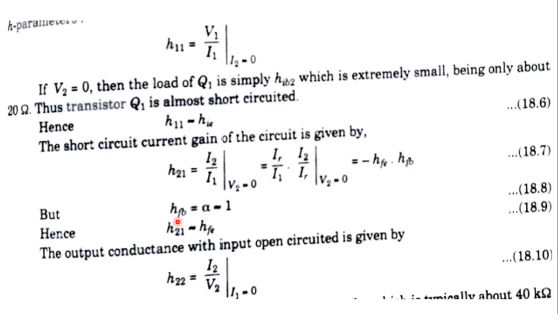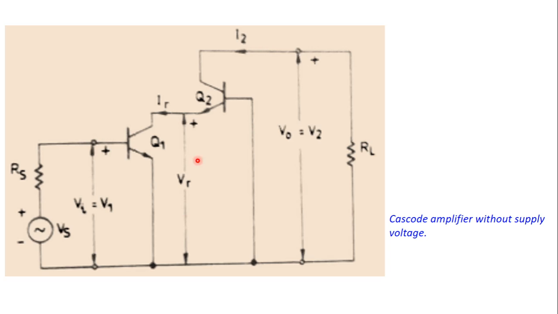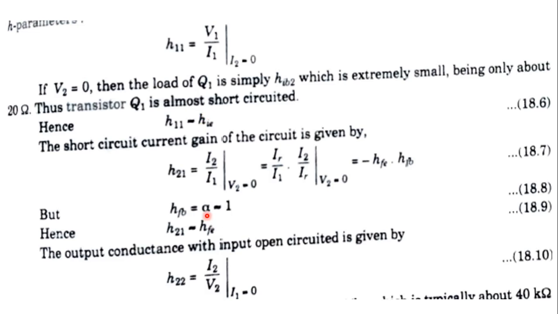HFB, the forward current gain for common base. Remember, this is a common base configuration, and the forward current gain for this is I2 by IR. What is I2? I2 is collector current. What is IR? IR is emitter current, and we know that collector current by emitter current is a parameter alpha, and the value of these two currents are almost equal, and the value of alpha is almost unity.